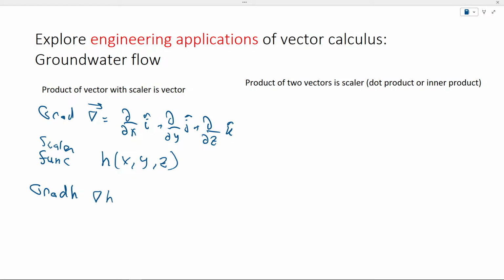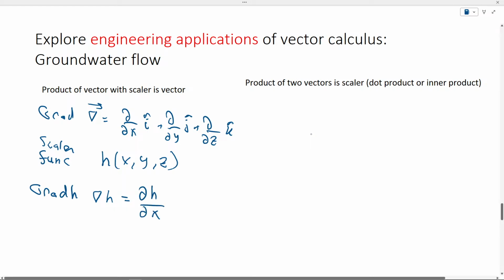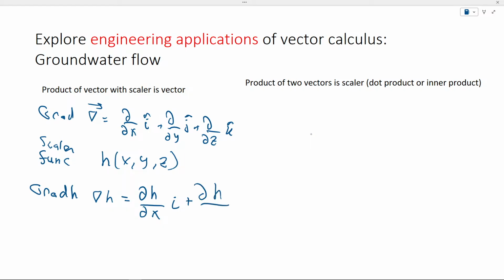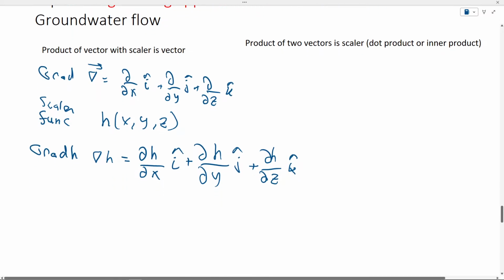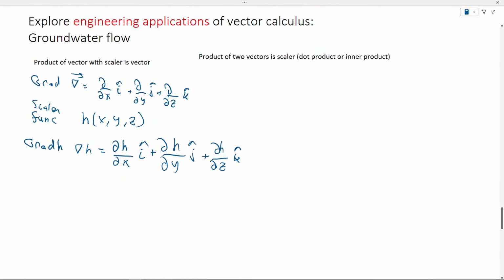That would be partial h over partial x in the i direction, plus partial h over partial y in the j direction, plus partial h over partial z in the k direction. So you get something that looks like this.